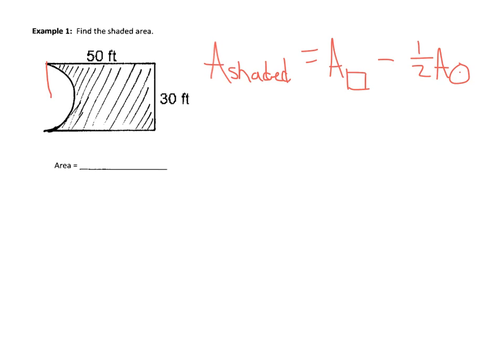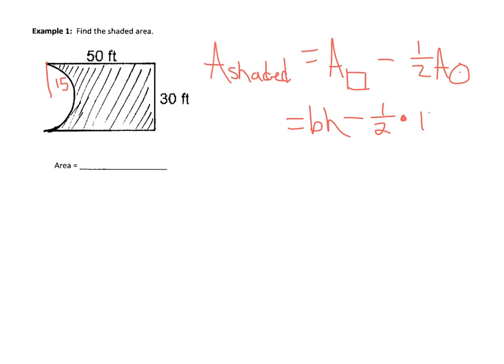So to think about the area of the circle, we need to figure out what the radius is. And in that case, we're just dealing with the radius is half of 30, which is 15. Go ahead and write down your formulas for area of a rectangle, which is base times height, and your area for a circle, and just multiply 1/2 times that.